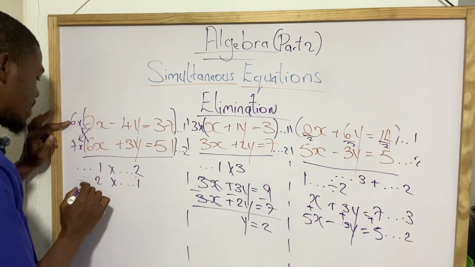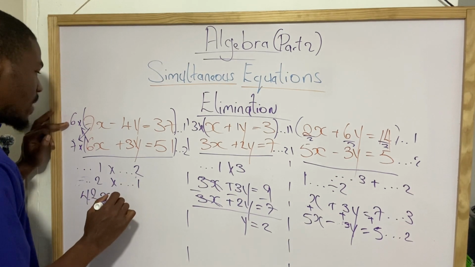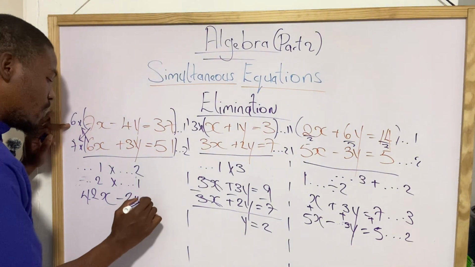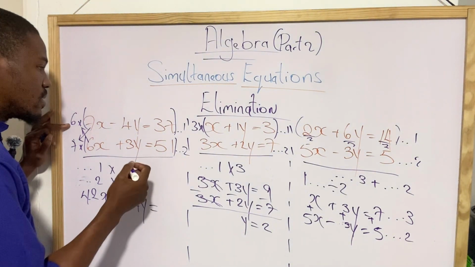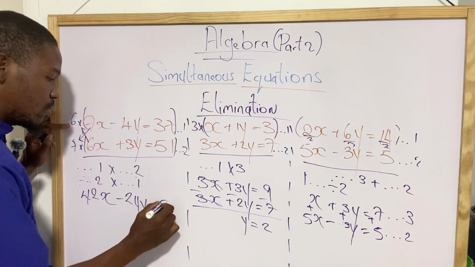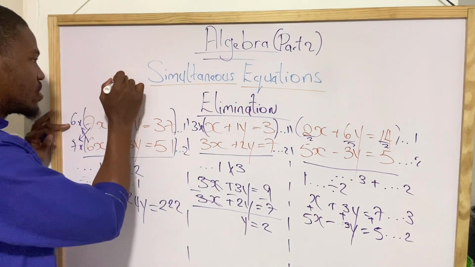So 6 times 7, that's going to be 42x, right? Minus 6 times 4 is 24y, and 6 times 37, that's going to give me what? 222, I believe. Let me just double check.